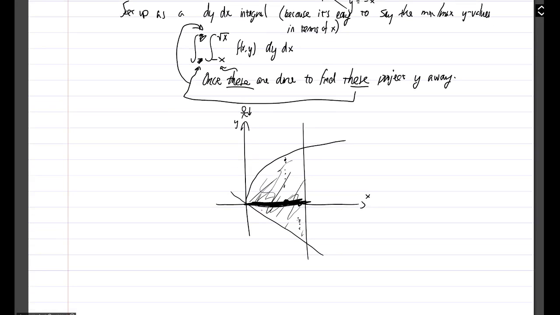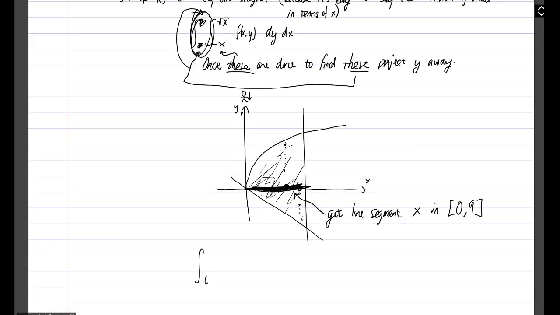The x values are always in the closed interval 0 to 9, and that ends up being the values that we put on the integral. So now we know: the integral from 0 to 9, the integral from negative x to root x of f of x comma y, dy dx.